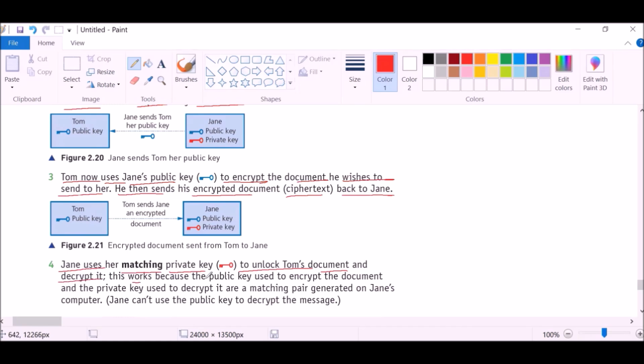This works because the public key used to encrypt the document and the private key used to decrypt it are a matching pair generated on Jane's computer. Jane can't use the public key to decrypt the message.